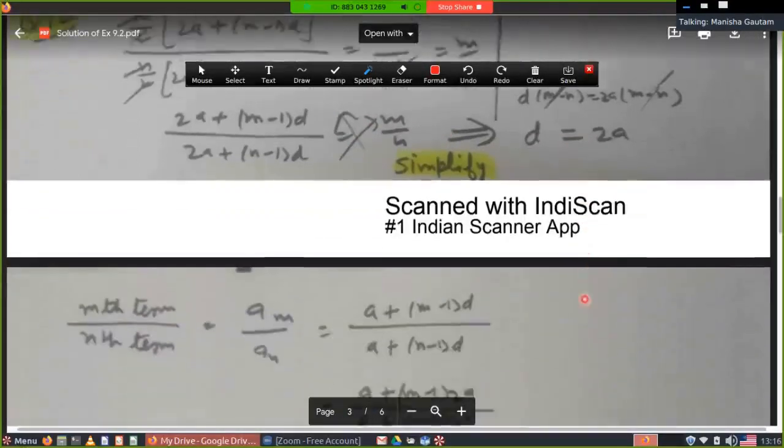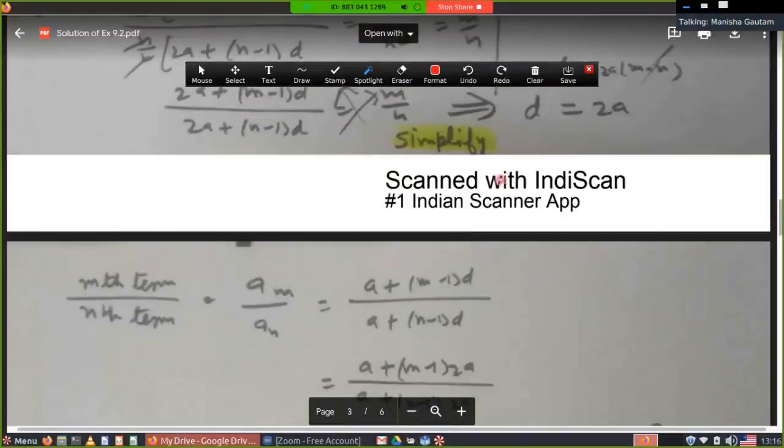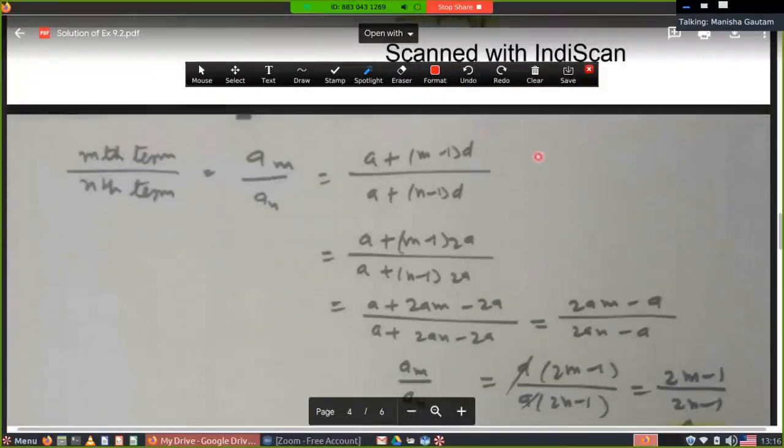Now write down the mth term, that is a plus m minus 1 into d, and the nth term, a plus n minus 1 into d. From the previous step, you have to take the value of d, that is 2a. Put that value of d, 2a, in this statement, and you will get a plus m minus 1 into 2a upon a plus n minus 1 into 2a.